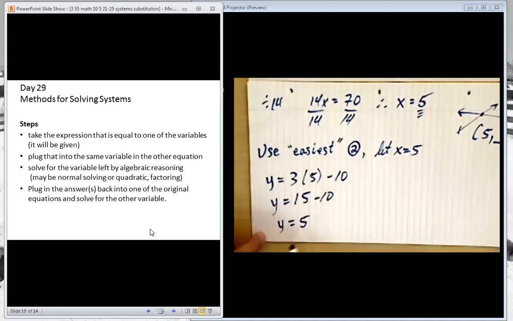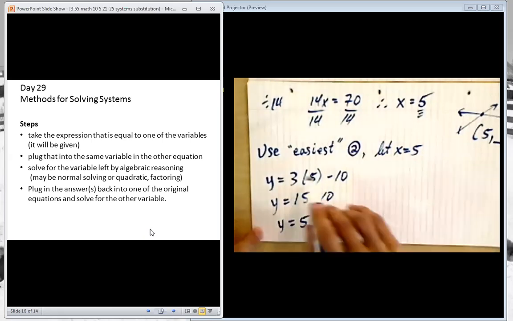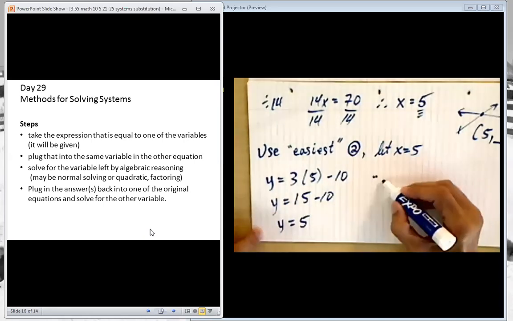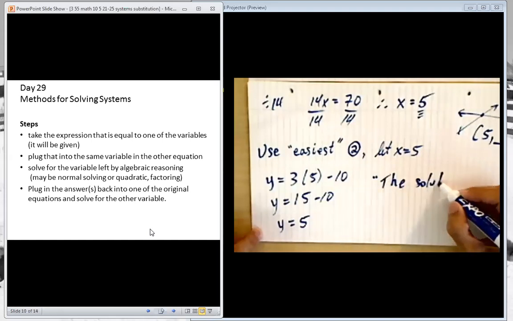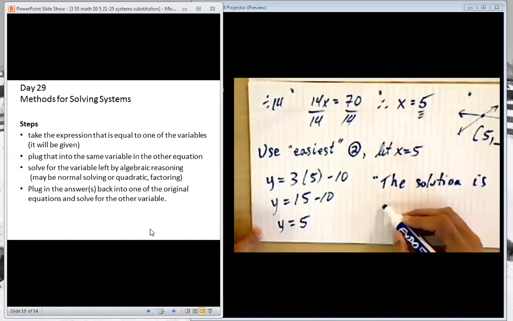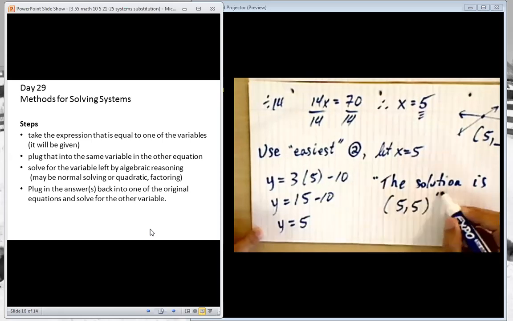Exactly. When x was 5, we got a y value of 5. So we say the solution is 5, comma 5, like that. Yeah?